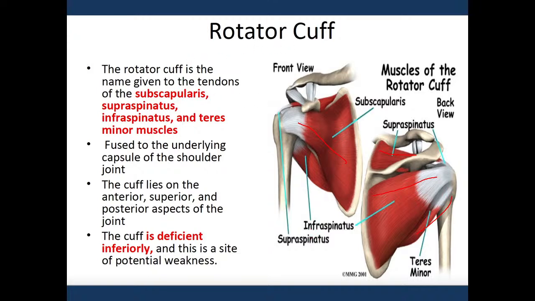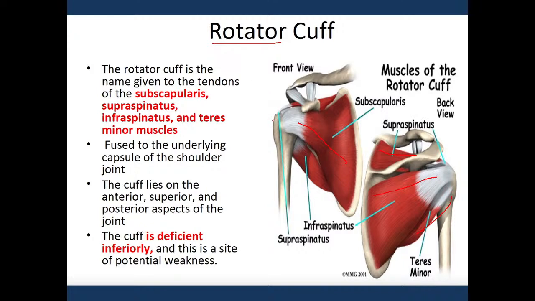What does it mean, rotator? Rotator muscles help us to rotate our shoulder in shoulder joints. And you remember that rotation has two types of movements.